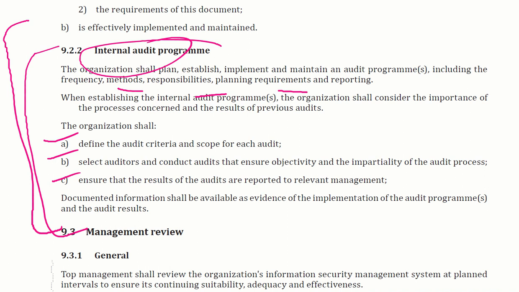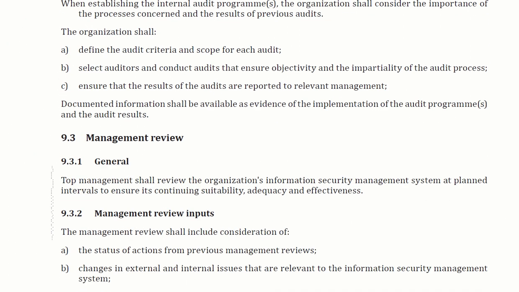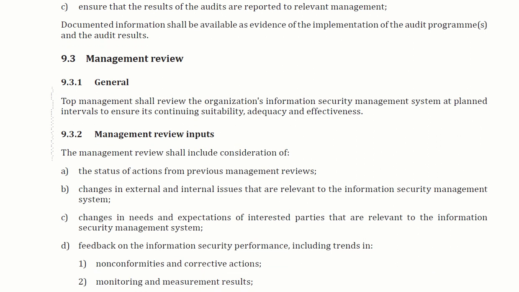In management review, 9.3, they have also come up with a new input. This has been added in the management review meeting pointers also. Earlier this point was not there: changes in the needs and expectations of interested parties that are relevant to the information security management system.